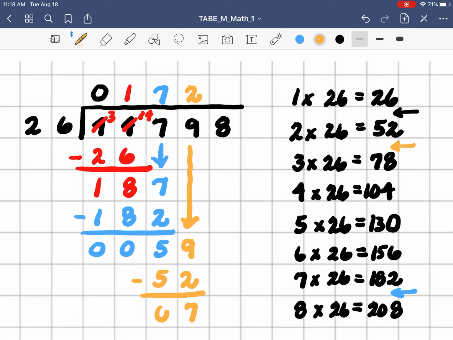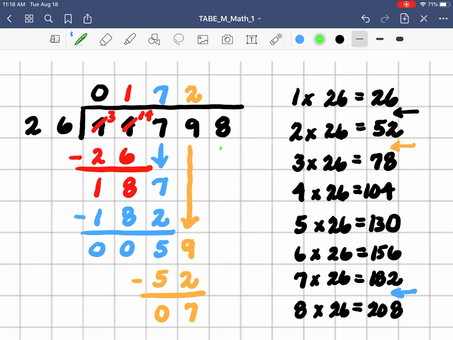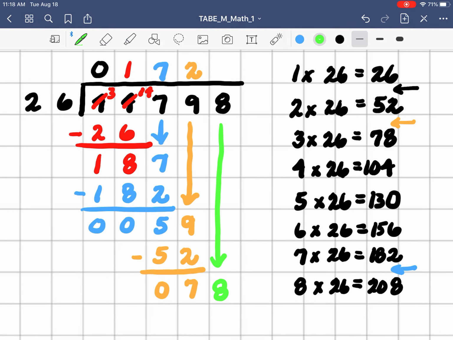Subtract, get 7. We have one more to bring down, and we'll have this one done. So bring that 8 all the way down, and then 26 into 78 is 3 times with no remainder.